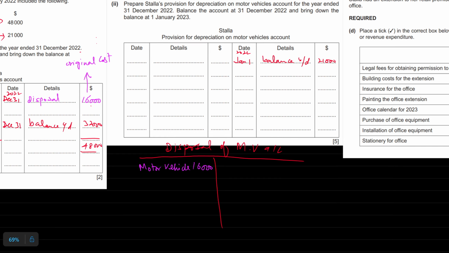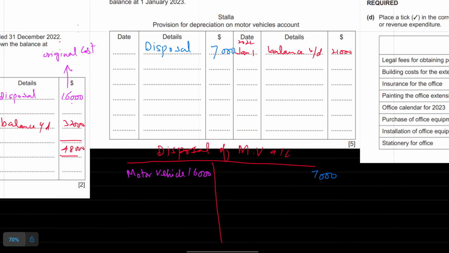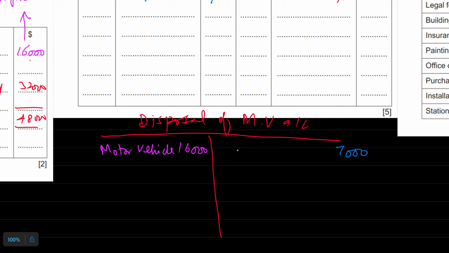Recording total depreciation of the asset being sold, it will be debited in provision for depreciation account, and credited in disposal of motor vehicle account. And in provision we will write here disposal of motor vehicle, and in disposal we will write here provision for depreciation account.